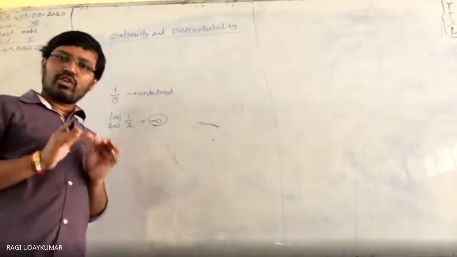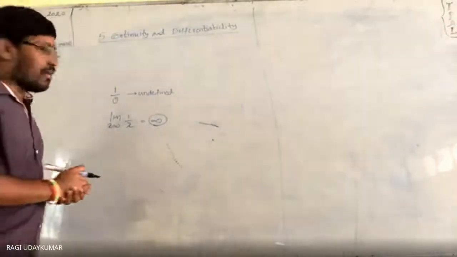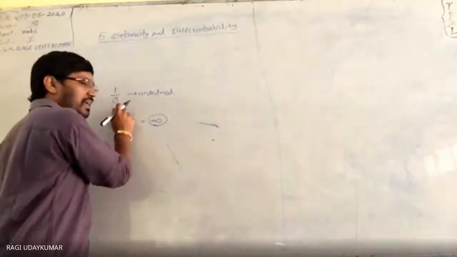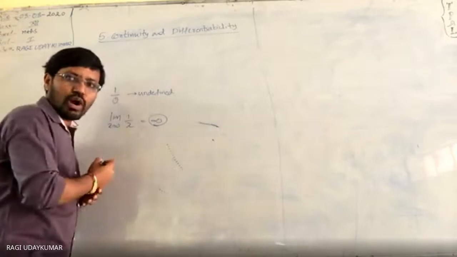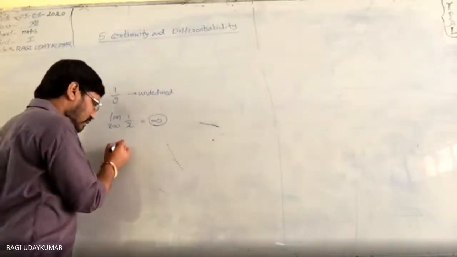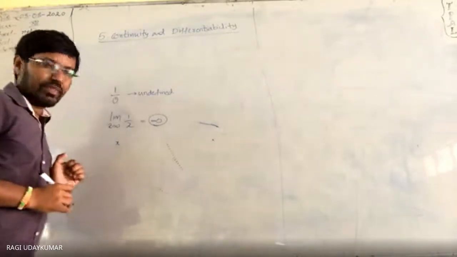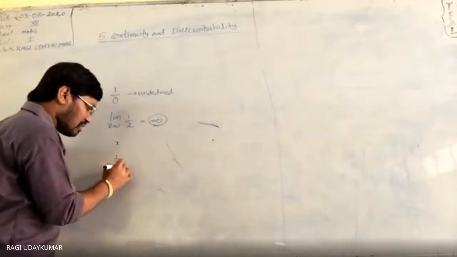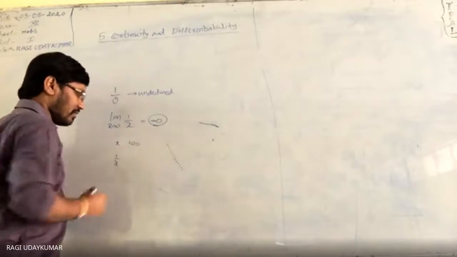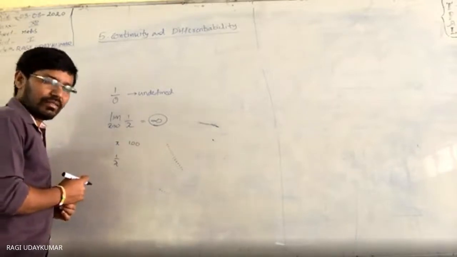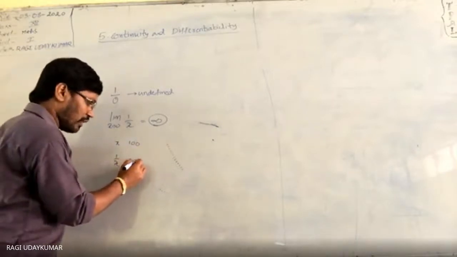Limit is nothing but, when the symbol limit represents that x is approaching 0, you are going to take x values and see how the 1 by x values will be. X value you take 100, then 1 by x is 0.01.